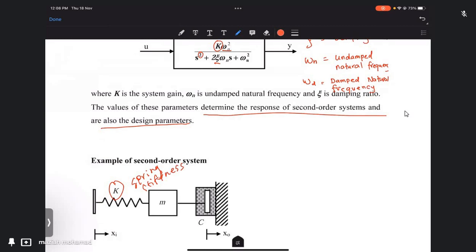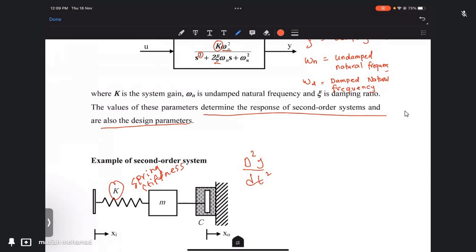An example of second order system is, of course, any system that has a second differentiation term, d square y per dt square. If the highest order of the differentiation term is d square, that system will become a second order system.